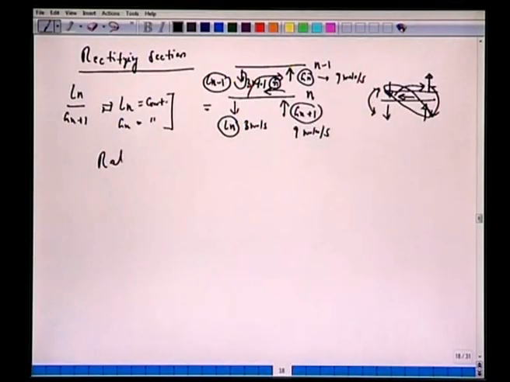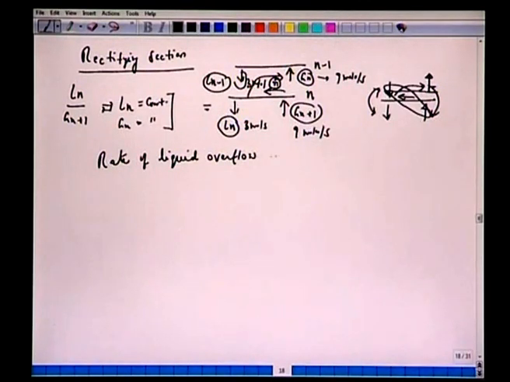And in words we can write here that the rate of liquid overflow on a molar basis is constant on each tray.